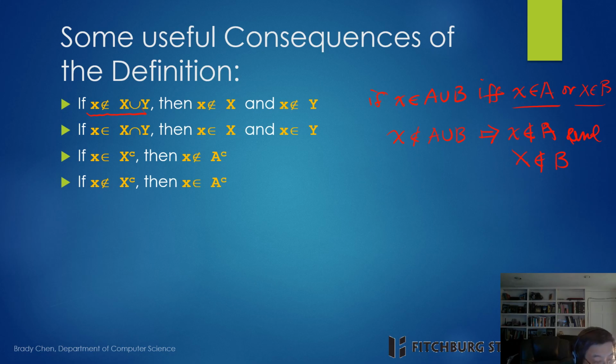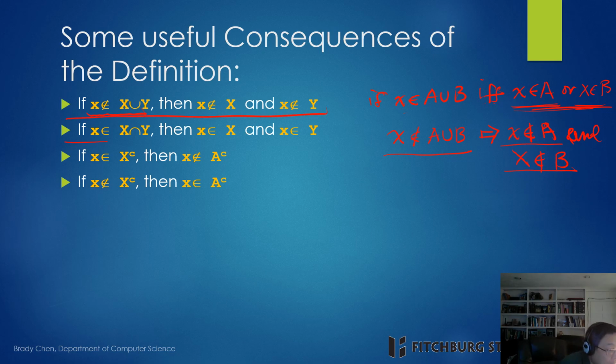It's pretty straightforward, because if X belongs to A, then X must be in the union of A and B. Or if X belongs to B, then X must be in the union of A and B, based on the definition. So if X does not belong to the union of A and B, then X cannot be in A and cannot be in B. That's one of the consequences.